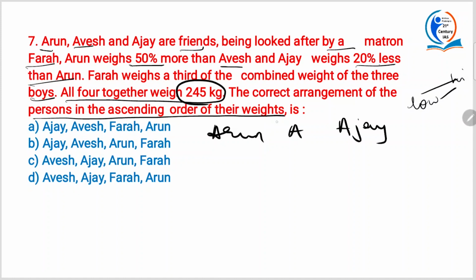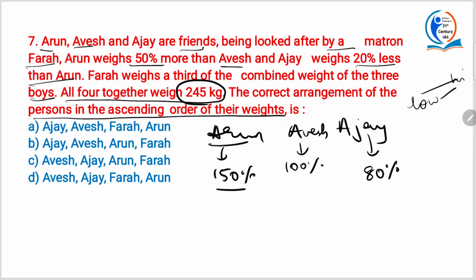Now this fellow Arun is 50% heavier than this fellow Avesh. So if we consider Avesh's weight to be 100%, Arun's weight would be 150%. And Ajay's weight is how much? 20% less than Arun means Ajay weighs 80% of what Arun weighs.